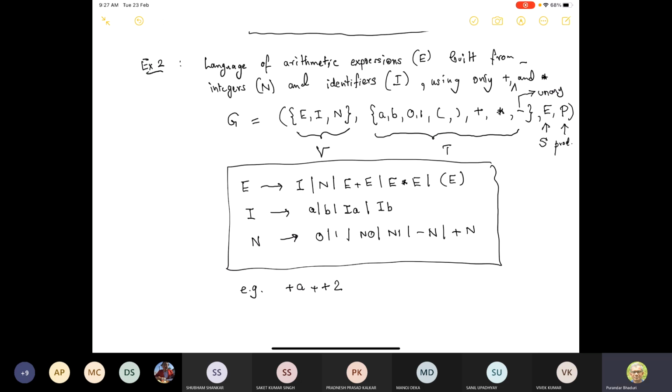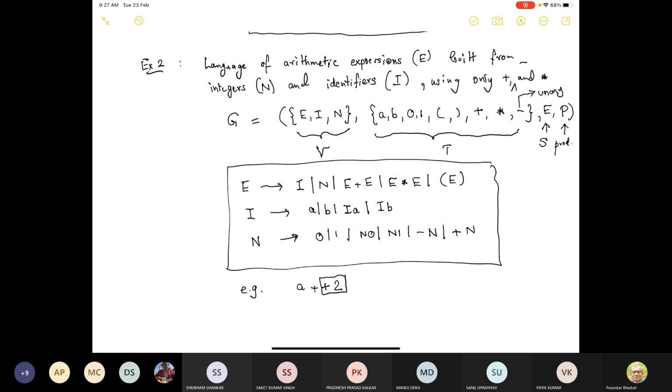Can you see that this particular string is in the language? Because, you know, this is a unary plus 2, right? So similarly, sorry, this plus a will not be there. That unary sign applies only to numbers, not to identifiers, right?